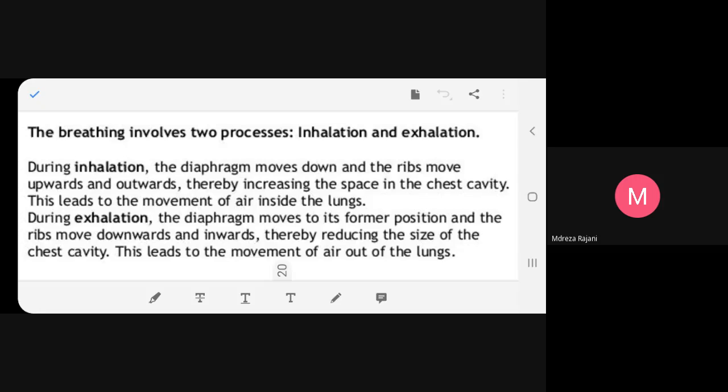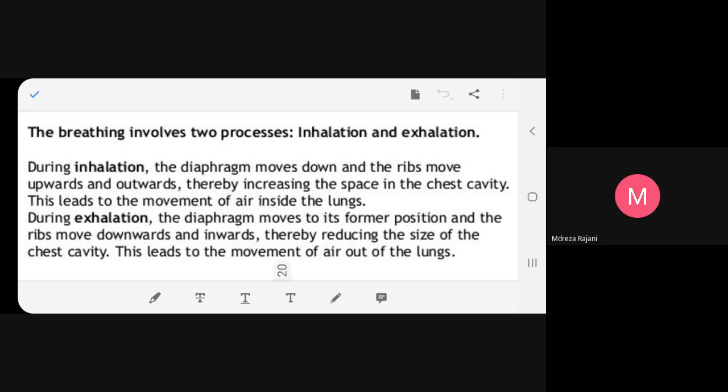The breathing involves two processes, inhalation and exhalation. During inhalation, the diaphragm moves down and the ribs move upwards and outwards, thereby increasing the space in the chest cavity.